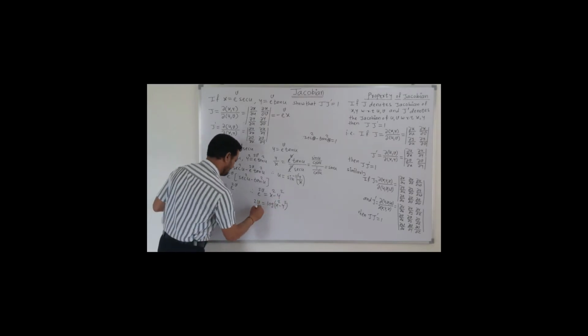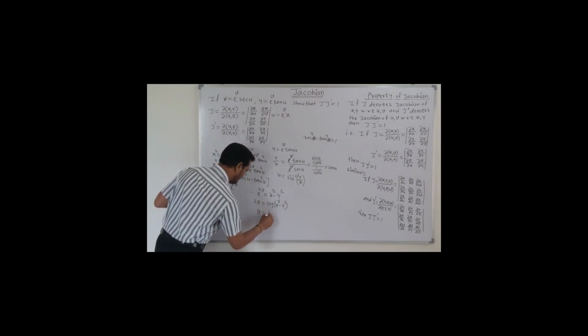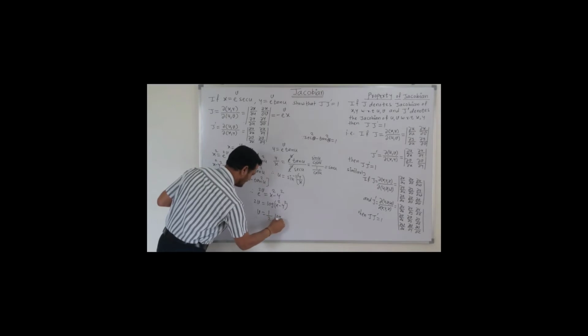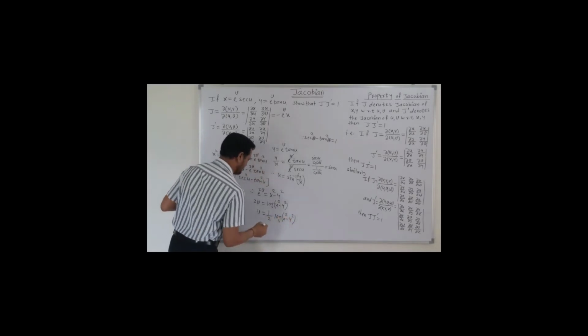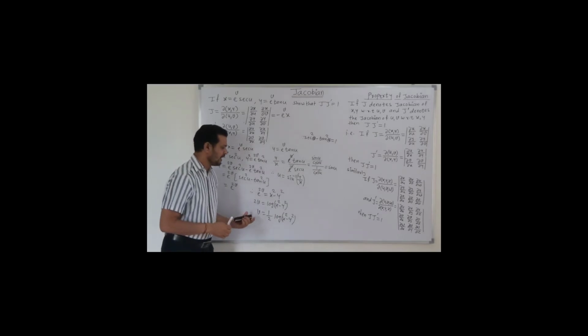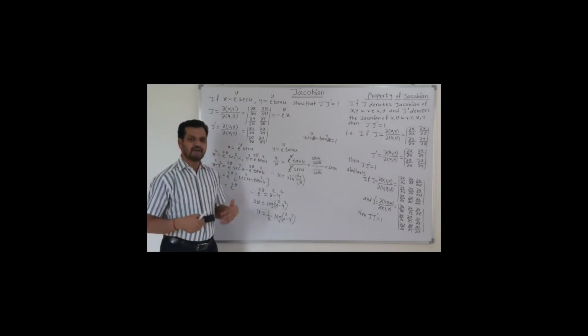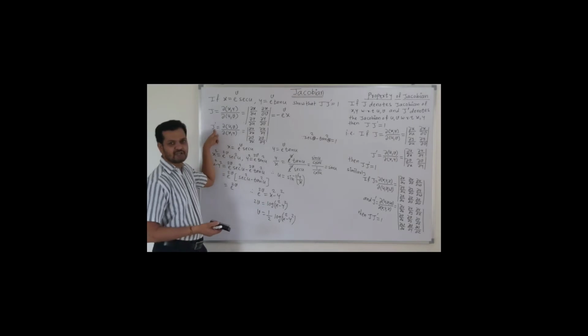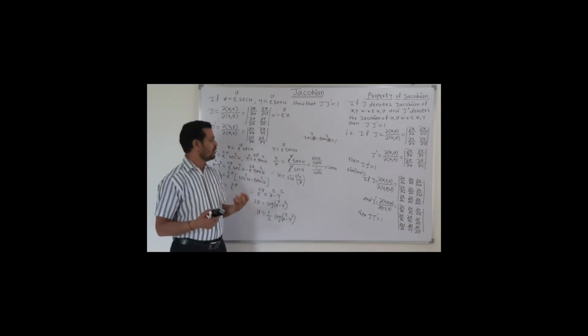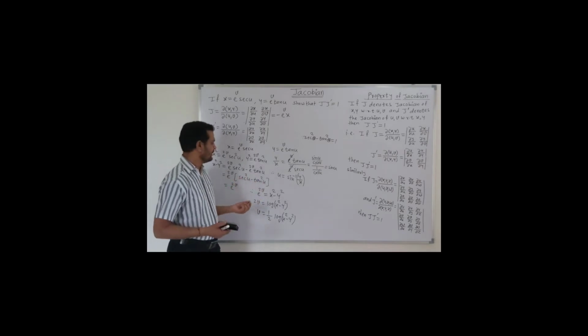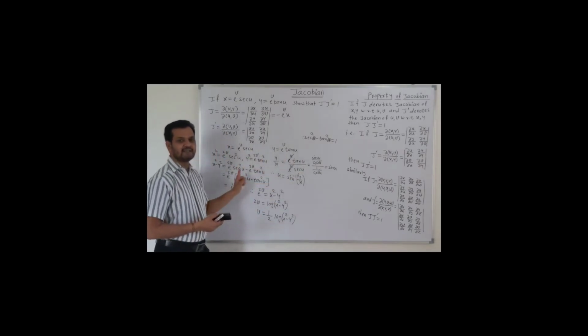Therefore we can easily write the value of v as 1 upon 2 into log of x square minus y square. So in this way, we get the value of u and v. Friends, when we find the value of z dash, the given function is in terms of x and y, so our first aim is to find the value of u and v after simplifying this equation.